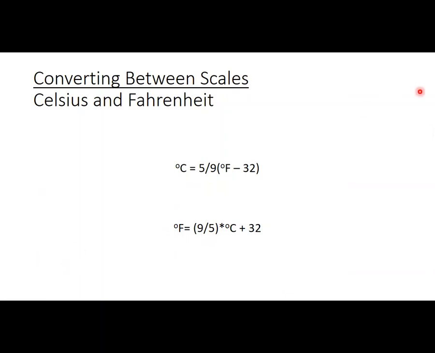You guys can see that. Okay, there we go. So we're going to be using the bottom one, degrees Fahrenheit equals 9 divided by 5 times degrees Celsius plus 32. So stop the share so we can see.